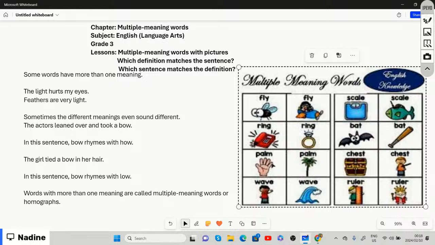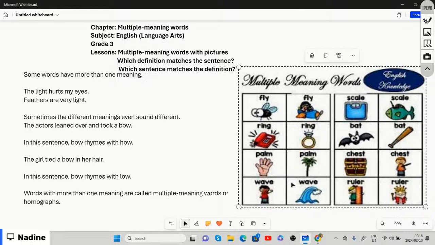And then we have palm, right? It's either the palm of your hand or a palm tree, but both basically mean palm.